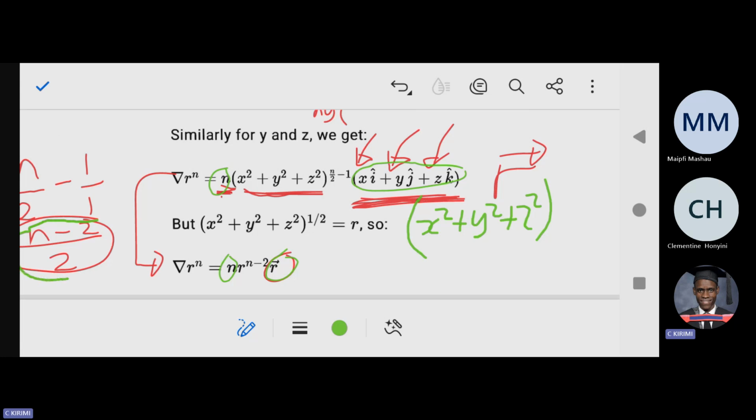Are we together here? It can be written as n over n minus 2 over 2, which can also be written as half multiplied by n minus 2.